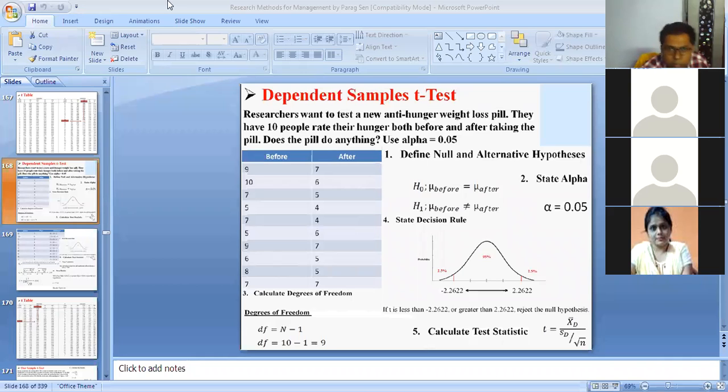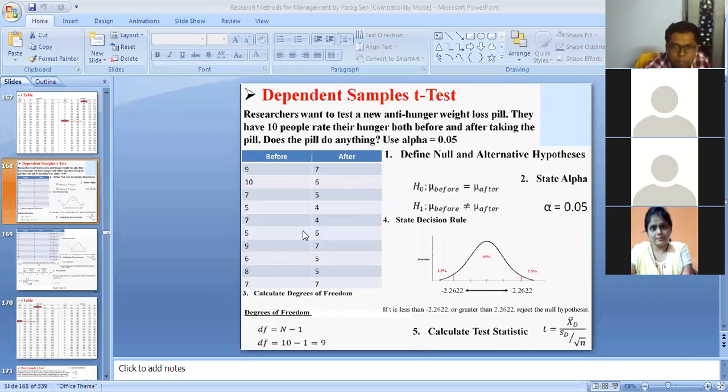For the dependent sample t-test, or paired sample t-test, researchers want to test a new anti-hunger weight loss pill. They have 10 people rate their hunger both before and after taking the pill. Does the pill do anything? Use alpha equal to 0.05. Suppose this is the index for anti-hunger and weight loss; this is before, and this is after.